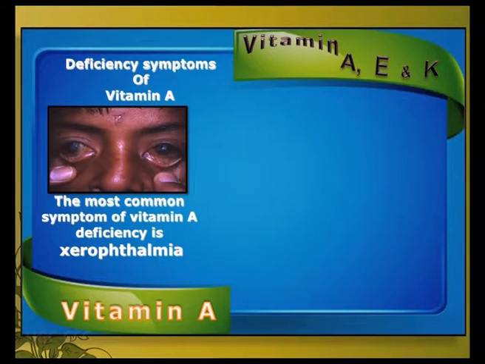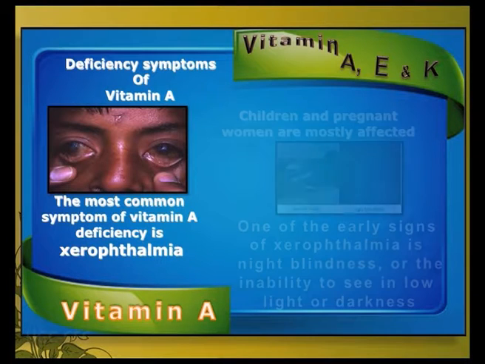The major deficiency symptom associated with vitamin A deficiency is xerophthalmia, which is a condition where the eye fails to produce tears and becomes dry.